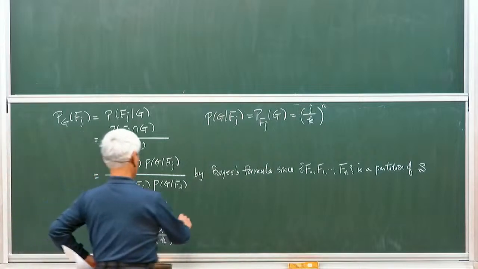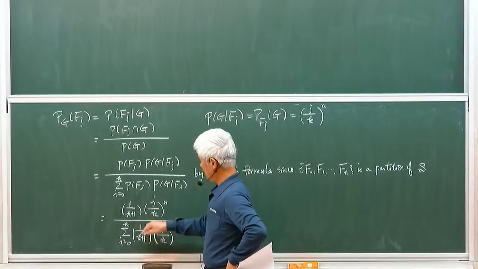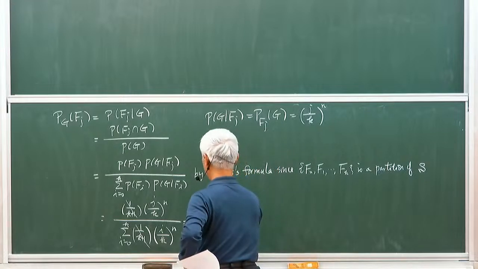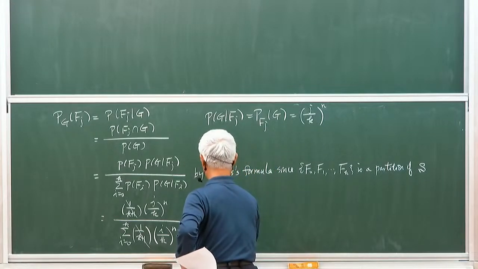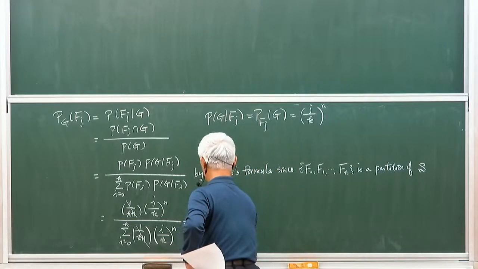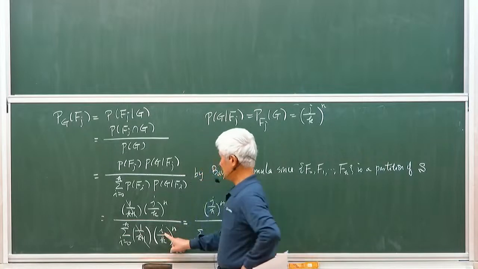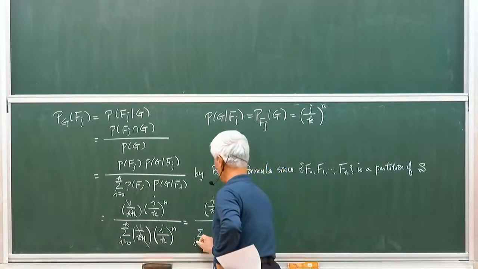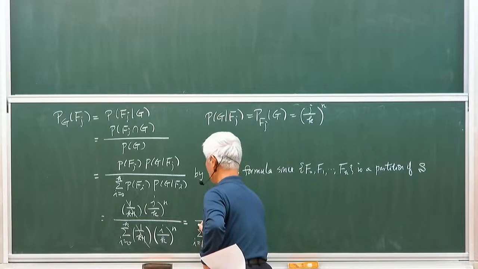We just cancel the common factor. So we have j to the nth power over the summation of i. But when i equals 0, this is 0, so the index can start from 1 to k, of i divided by k, nth power.